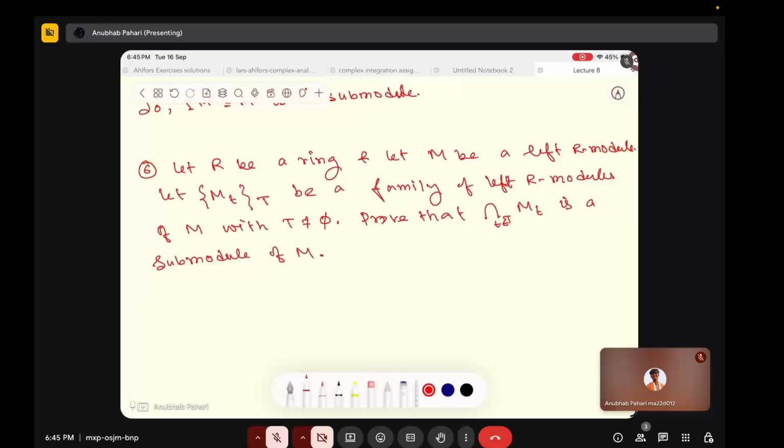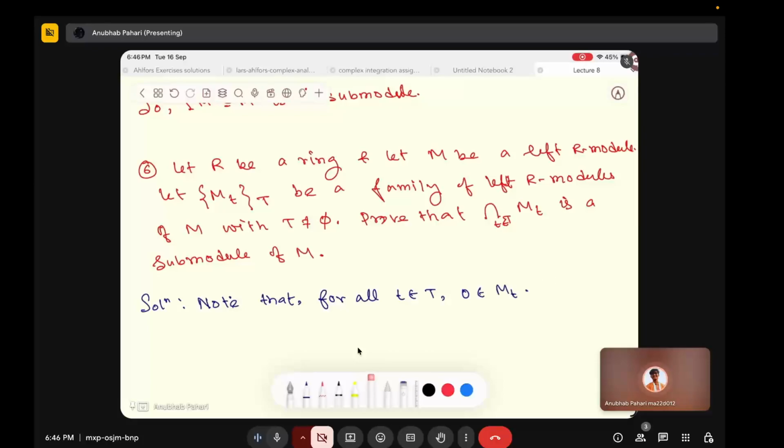Okay, so let us do this solution. Note that for all small t belongs to capital T, we have 0 belongs to M_t.